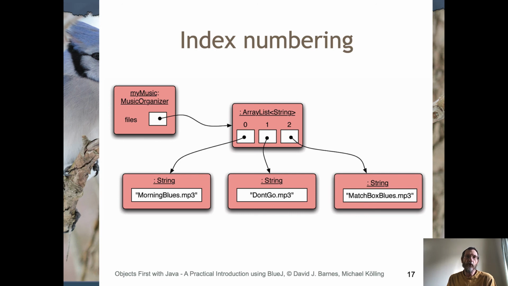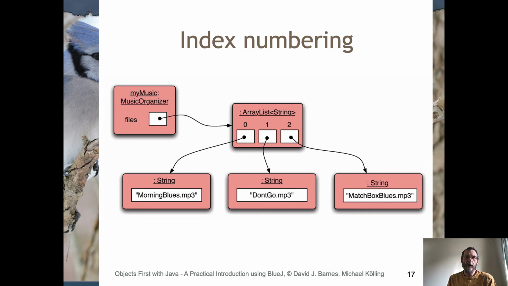So it's important to appreciate that index values start at 0 rather than 1. And so we can ask the ArrayList to return a particular item that it's storing inside it by passing the appropriate index to it to ask it to then access that item and return it to us.